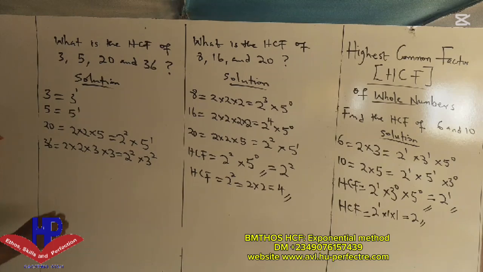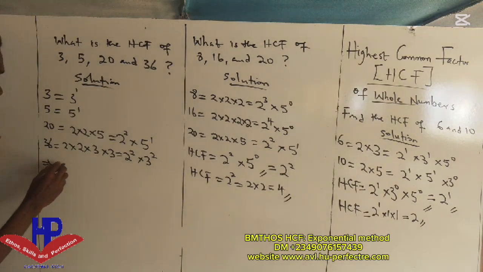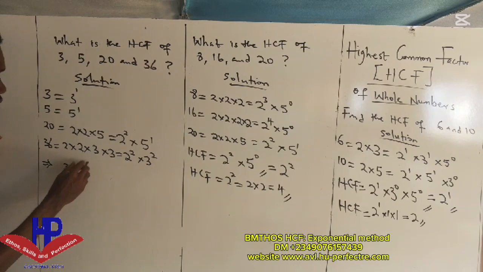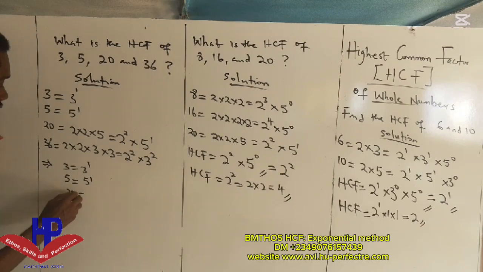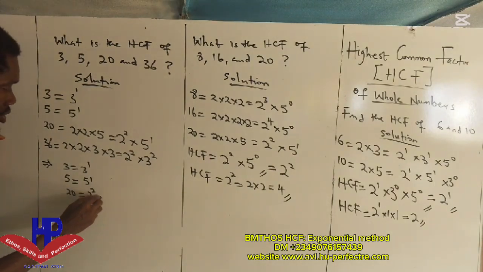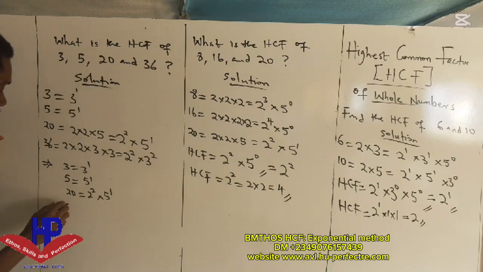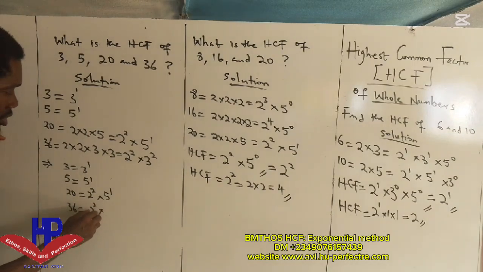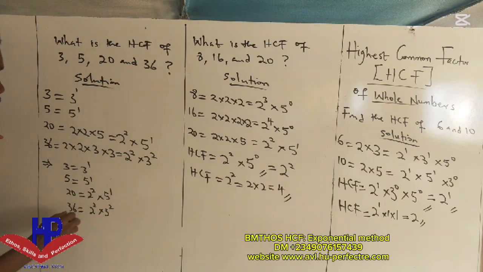Now, if we want to arrange this properly, we have the numbers as 3 to the power 1, 5 to the power 1, 20, 2 to the power 2 times 5 to the power 1, 36, 2 to the power 2 times 3 to the power 2.